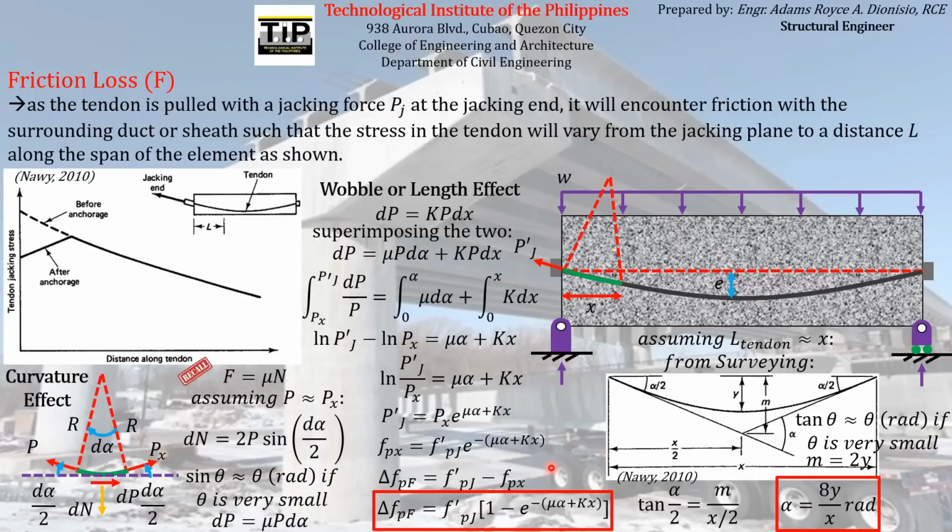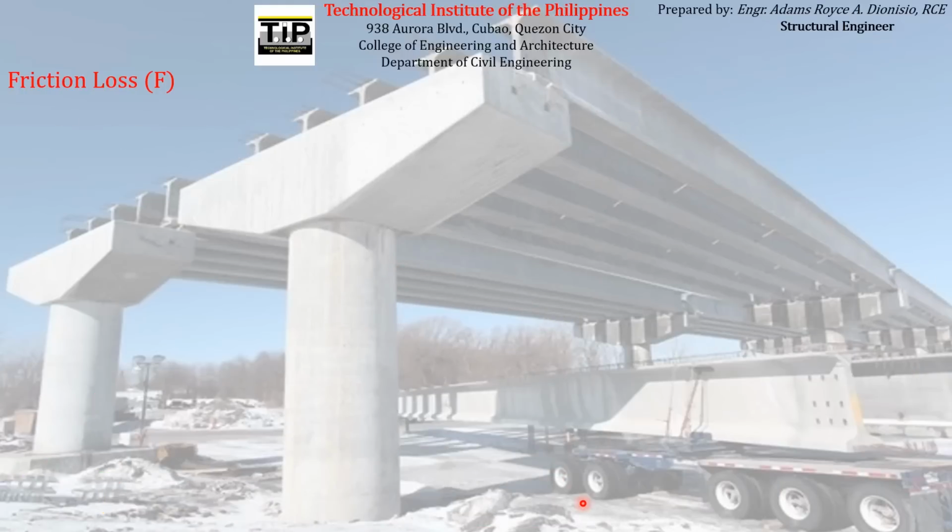So you can notice on this equation that we have derived for finding the magnitude of the pre-stress loss due to friction acting on the pre-stressing reinforcement, we have terms mu and k here, which are the coefficient of friction and the coefficient for wobble effect. You can find the values of those in the different codes that you can refer to.